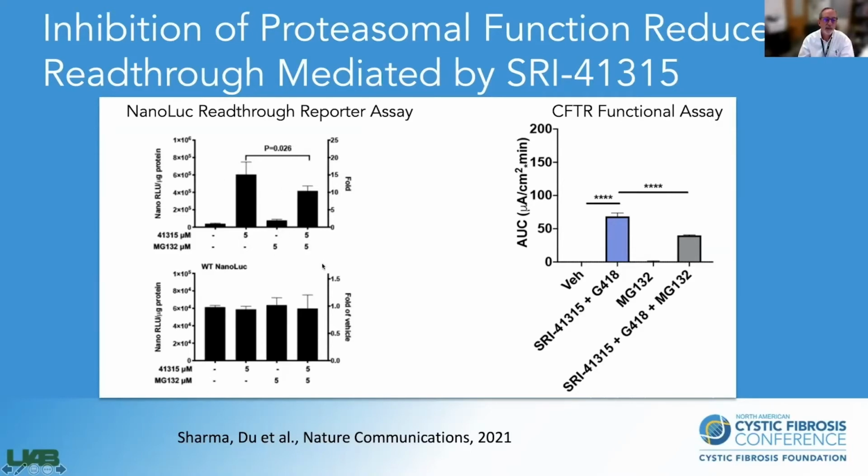We had to use an intermediate level of MG132 because the wild type controls were going down at higher doses. But this is clearly showing that MG132 is reducing read-through in the allelic assay, and here's the same experiment with CFTR, and we see the same effect. So this indicates that ERF1 is being degraded in a proteasome-dependent manner to induce read-through.